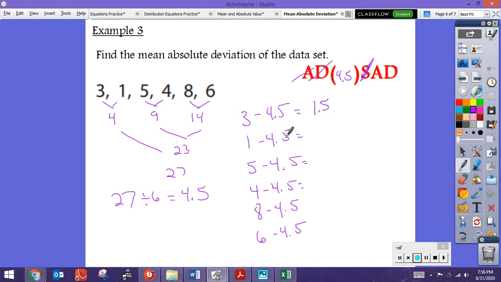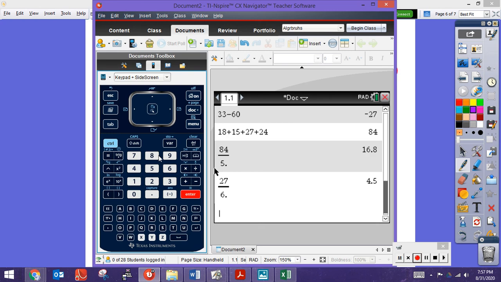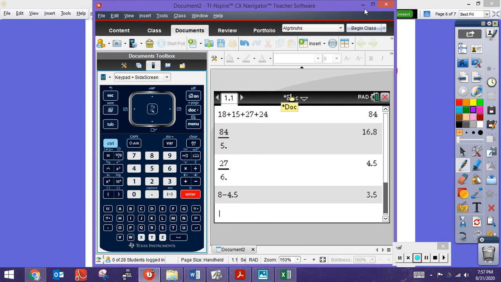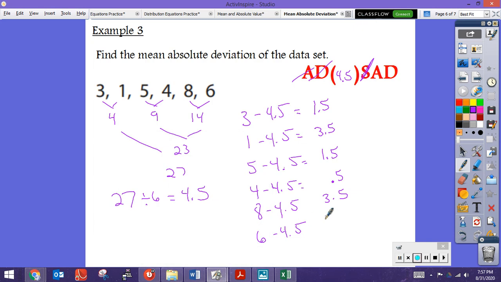Right, this is going to be 3.5, 1.5, 2.5, 3.5, I think. Pretty sure. And then 2.5. Okay, so now you did your subtraction.